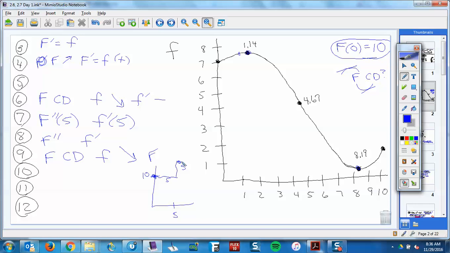What are these slopes? 7, 6, 5. They're way bigger than 1. So there's no way you can go over 5 and up 5. It's got to go way steeper than that. In fact, just between 0 and 1, the slopes are above 7. So you go over 1, you've got to go up at least 7. So you're already up above that well before you get over to 5. You're going way too fast.